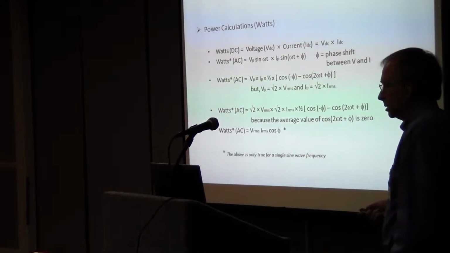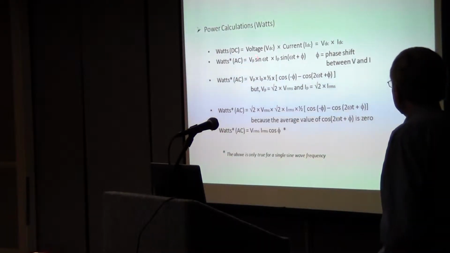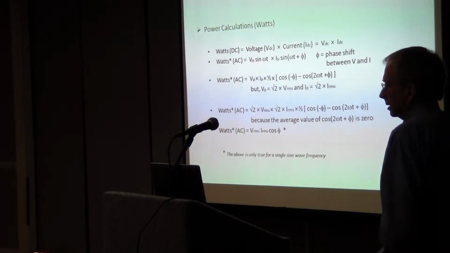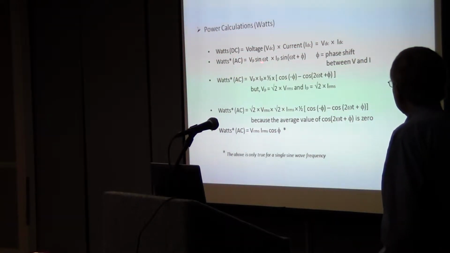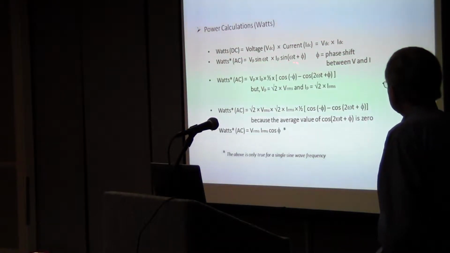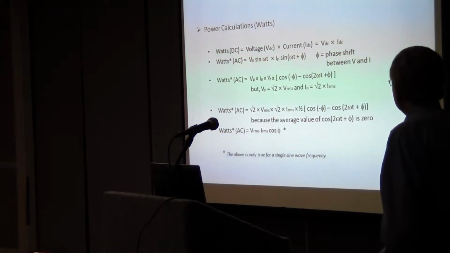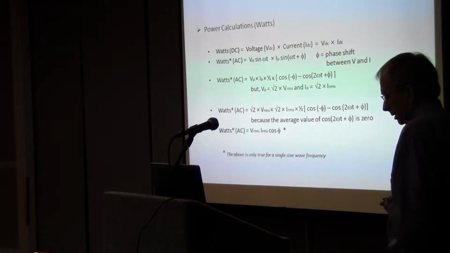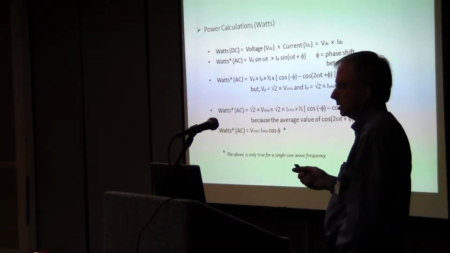In the AC world, it gets a little more complicated. Now, it's still volts times amps, but you have to take into account the sinusoidal nature. So if you multiply a voltage sinusoid times a current sinusoid that's shifted a little bit relative to the voltage, you work through the math and you basically get the sum and difference frequencies.